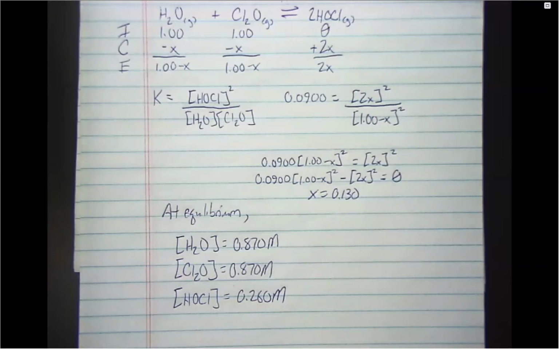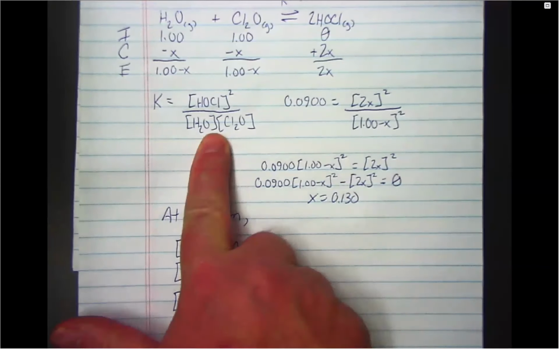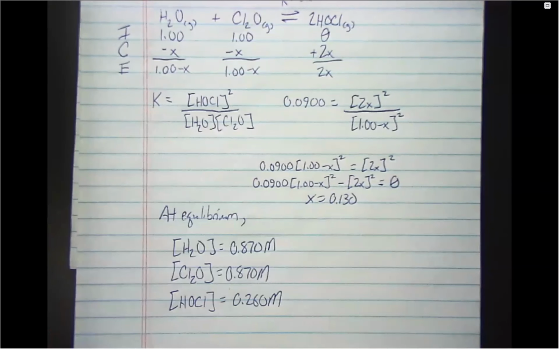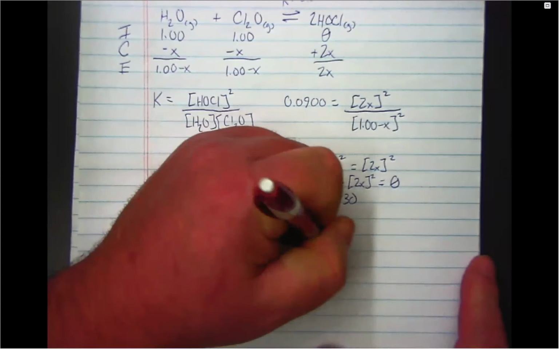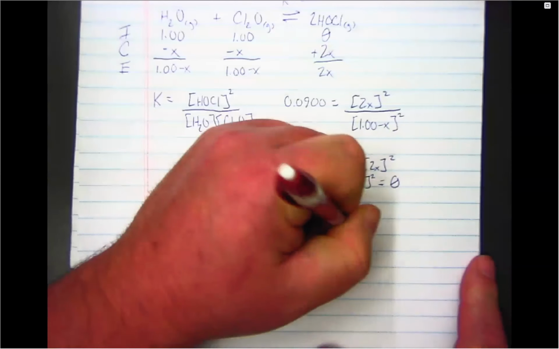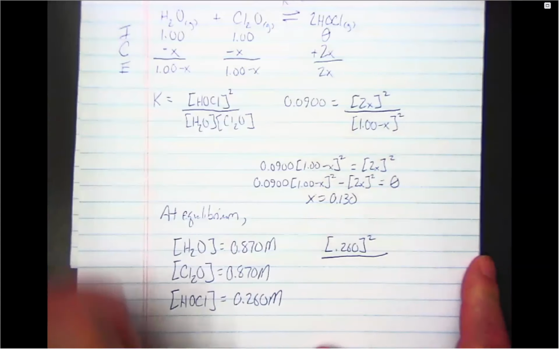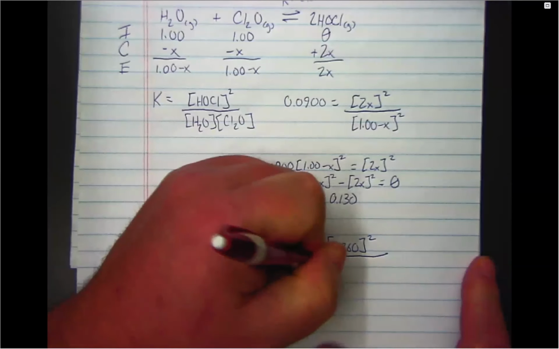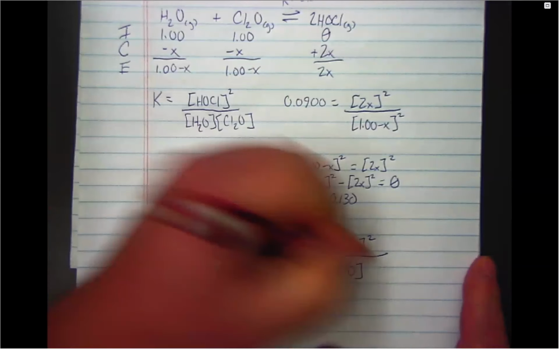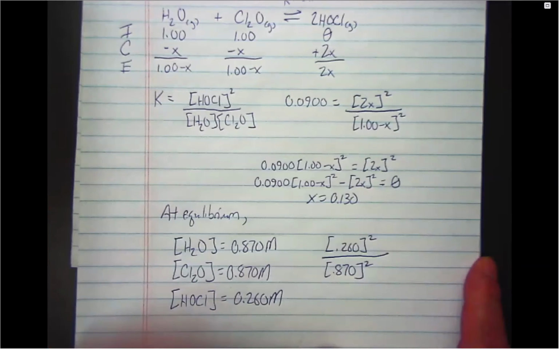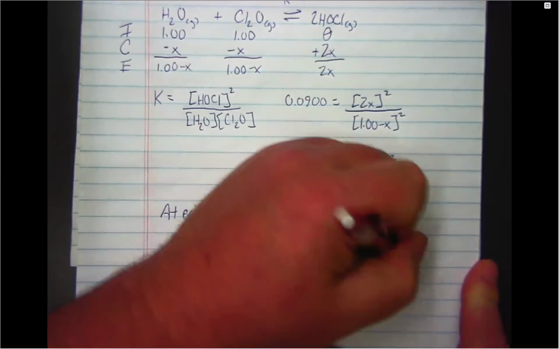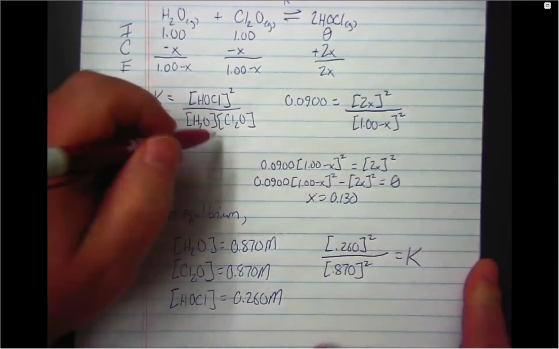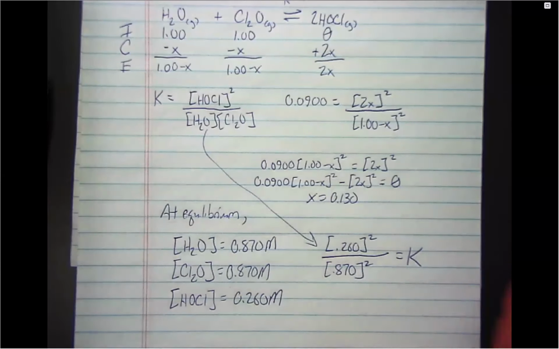And we can check by substituting those concentrations into this equilibrium expression, and we should end up getting a value of K of 0.0900. So let's do that really quick. 0.260 squared divided by 0.870 squared should be our value of K. So let's check.